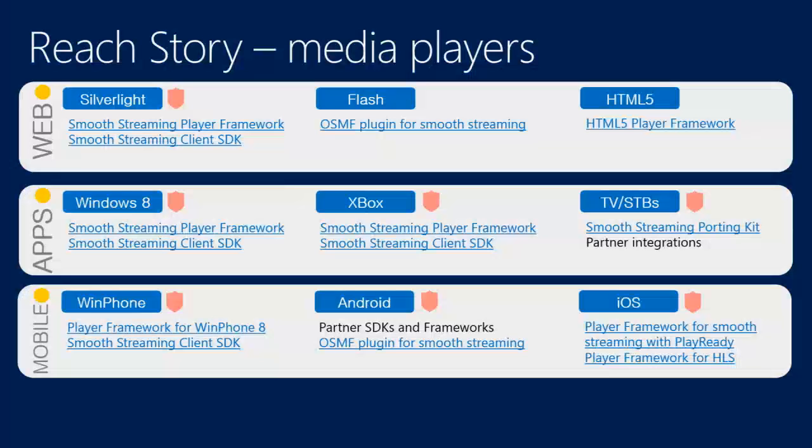And lastly, iOS. We have two player frameworks for iOS. The first is for Smooth Streaming with PlayReady, and the other one is a player framework for HLS with a lot of advanced scenarios such as advertisement insertion. The reason why we ship two player frameworks here is because it's very important.